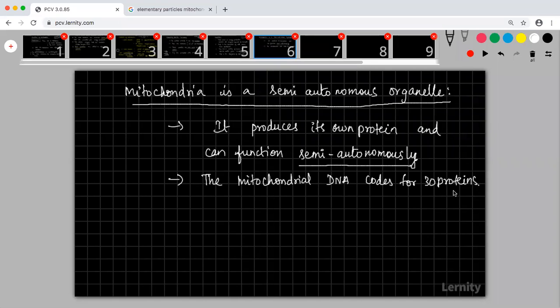So the mitochondrial DNA codes for at least 30 proteins. The mitochondrial DNA can replicate itself.